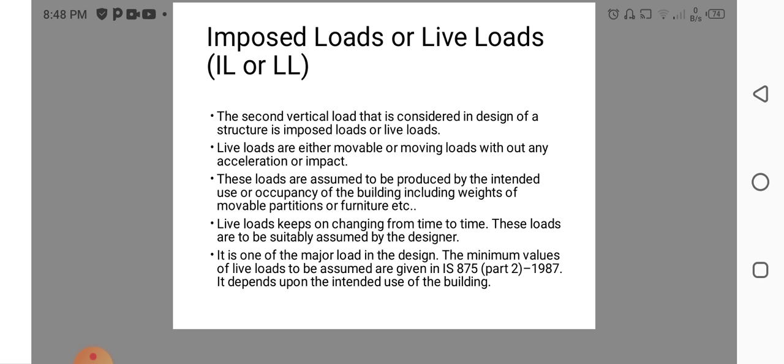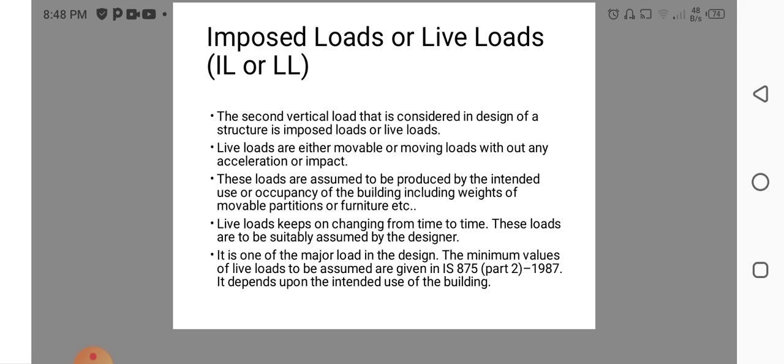Loads are assumed based on the intended use or occupancy of the building, including the weight of movable partitions or furniture, etc. We take live load because it keeps changing from time to time, and these live loads may be furniture, human beings, or machinery, etc. It is one of the major loads in the design.